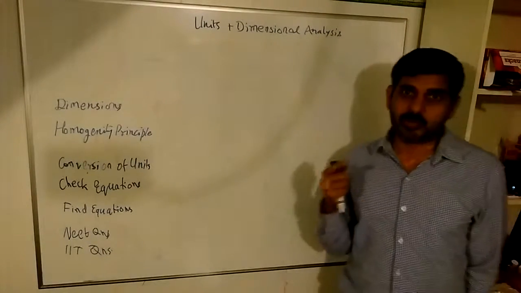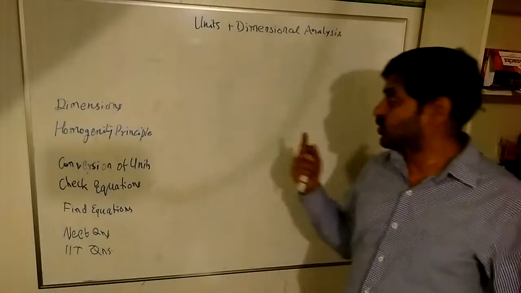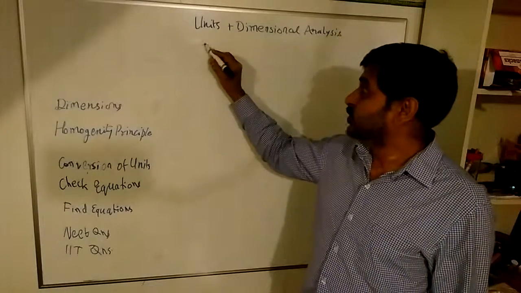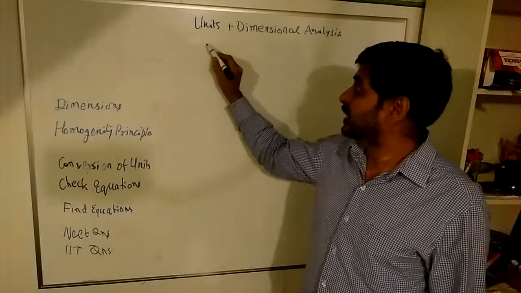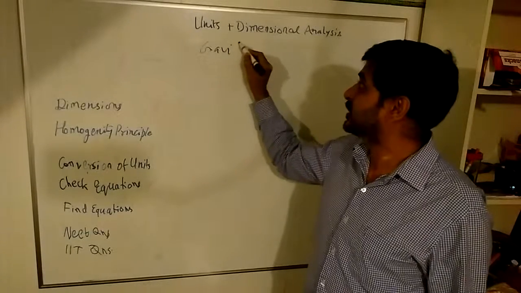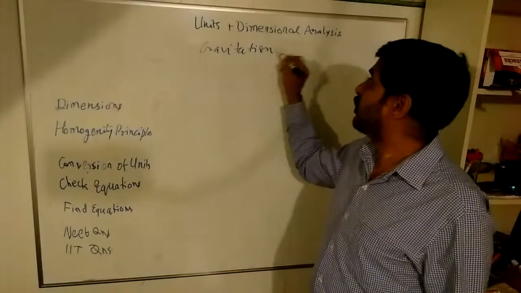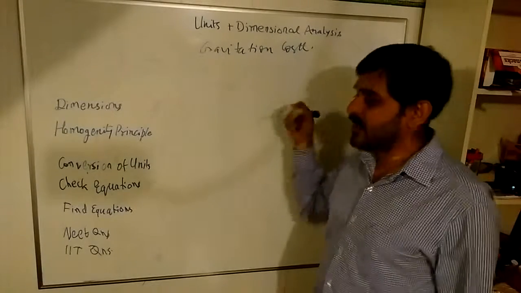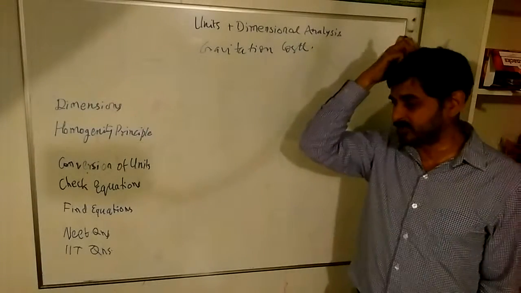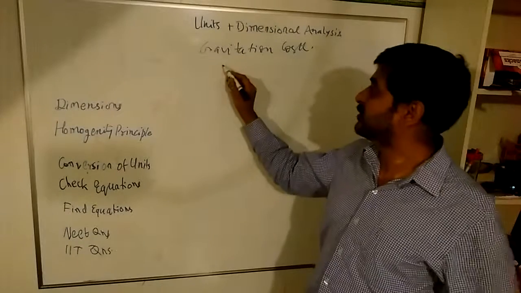Usually the problem should mention the physical quantities it's talking about. One of those quantities is the gravitational constant, which we will read about in the gravitation chapter.